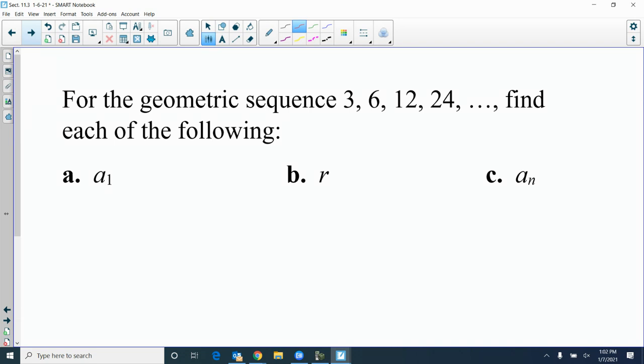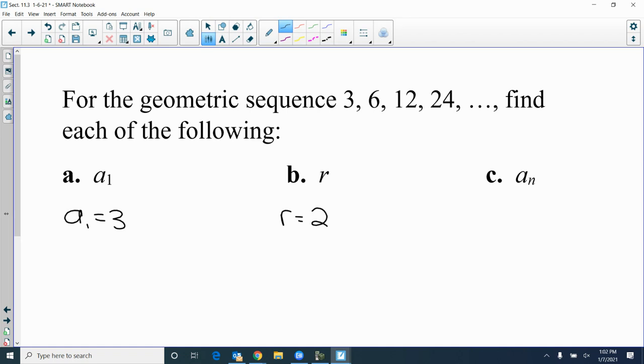All right, for the geometric sequence, find each of the following. All right, now this one, I'm just throwing it at you just to make sure you understand what it's asking. The first two are obviously really easy. The third one is just making sure you put it in the right form. A1, the first term, is just 3. A sub 1. R is whatever you're multiplying by. This one you can just look at it. We're multiplying by 2. A sub n is just we're putting it into this form. This is all it's asking for.